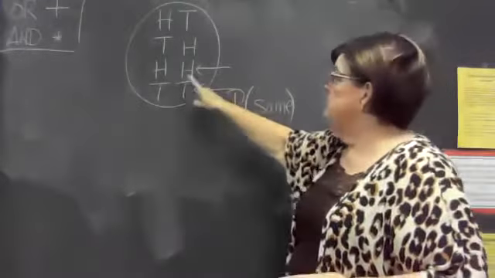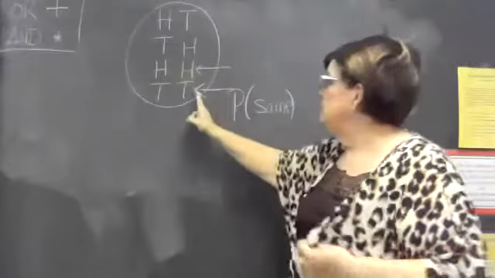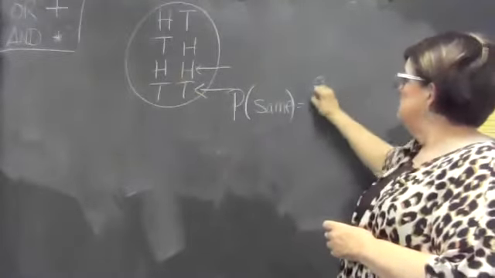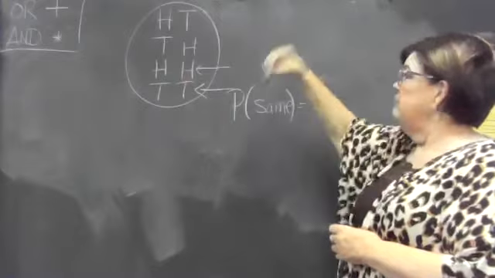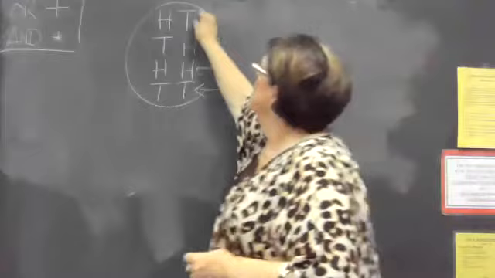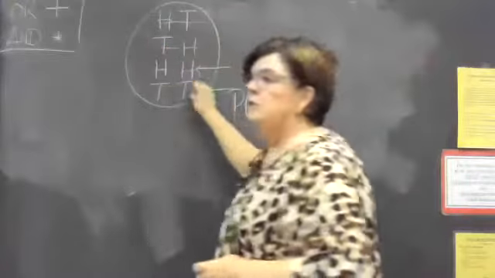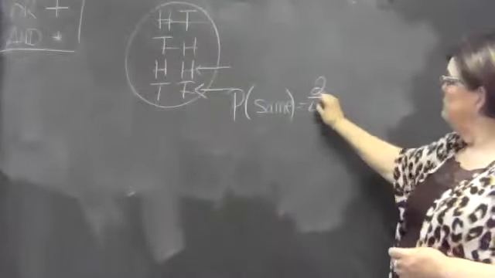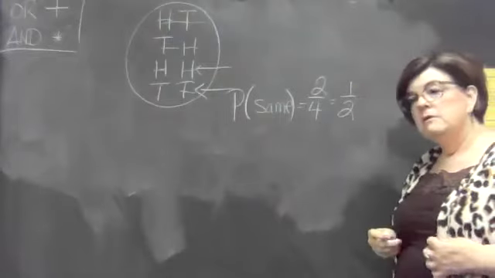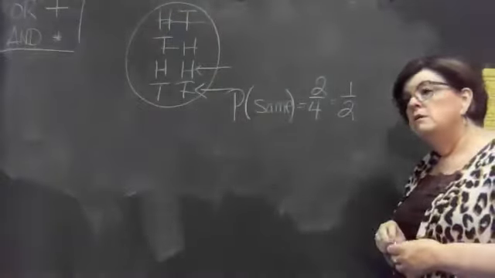Yeah. Because these landed the same, these landed the same. So there's 2 chances out of 4. This is 1, this is 1, this is 1, this is 1. 4. Okay. Which simplifies to 1/2. Y'all get it?